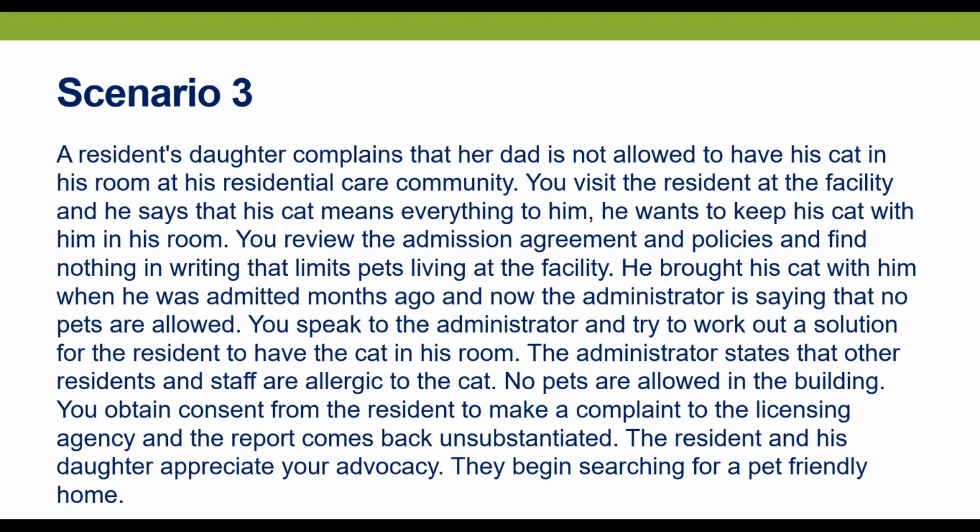You speak to the administrator and try to work out a solution for the resident to have his cat. The administrator states that the other residents and staff are allergic to the cat. No pets are allowed in the building. You obtain consent from the resident to make a complaint to the licensing agency, and the report comes back unsubstantiated. The resident and his daughter appreciate your advocacy, and they begin searching for a pet-friendly home.